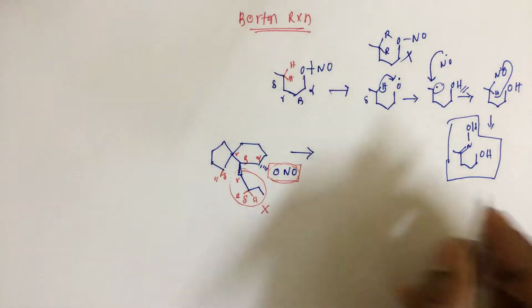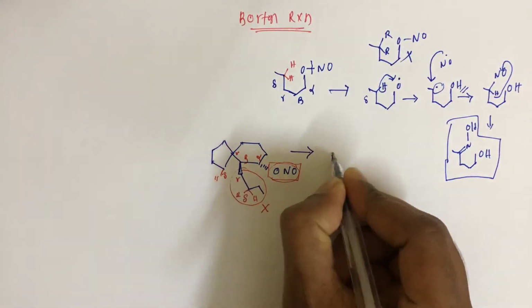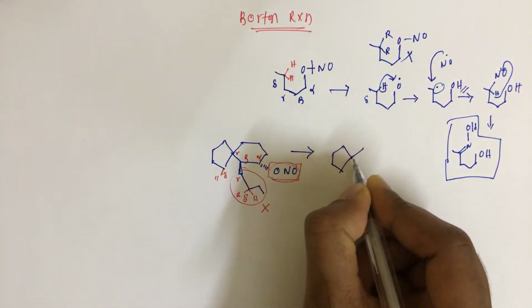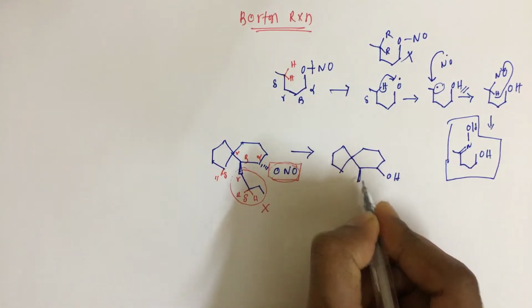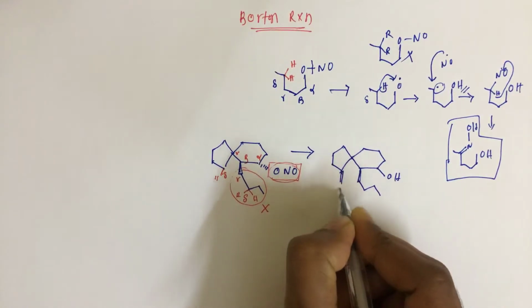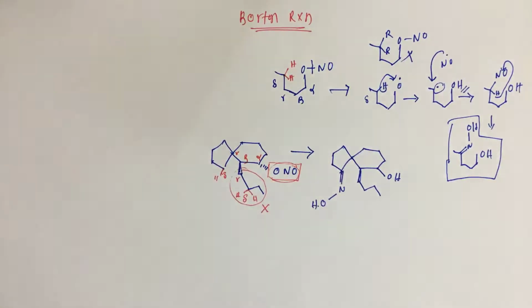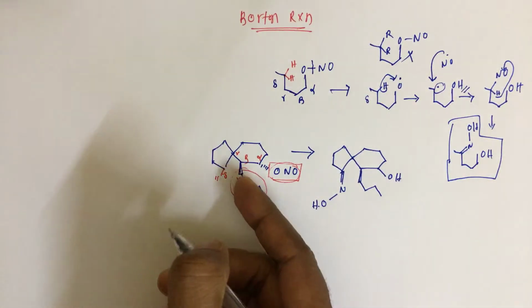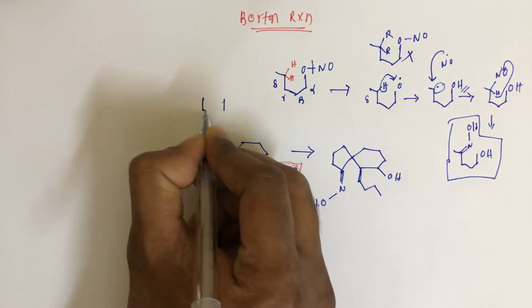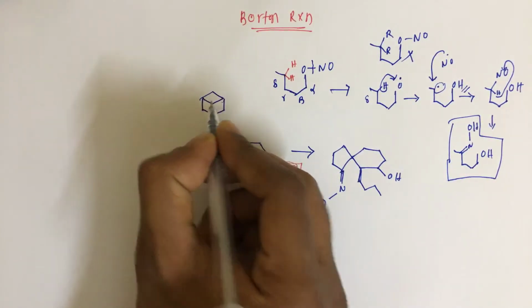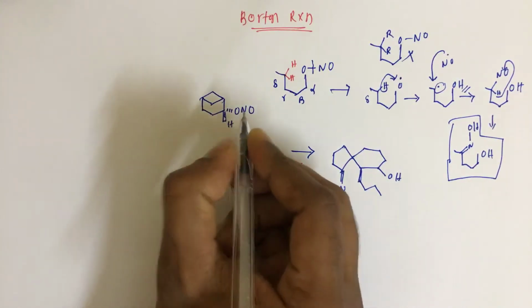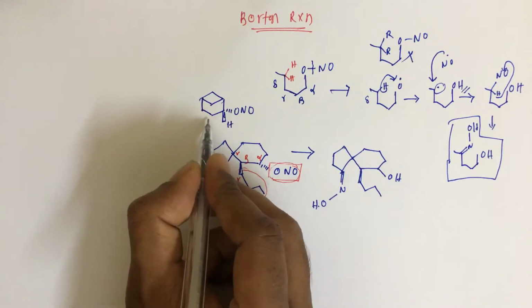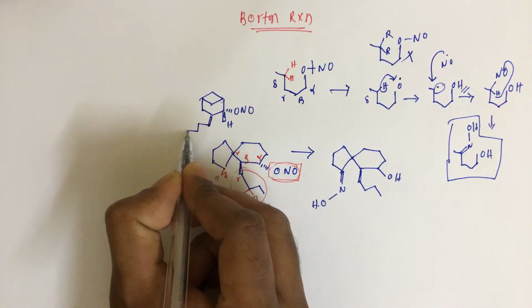So here the product we will get is, I'm directly writing the product. So this is the product we'll get, and it will be clear if you write this in this form. This also can be written like this, so NO, and this is hydrogen, and at this carbon we have this long chain.